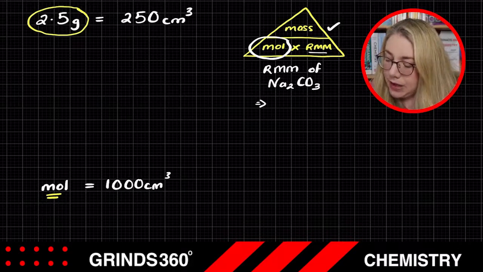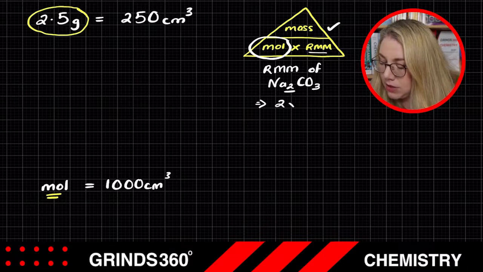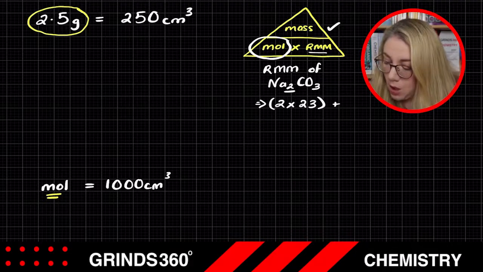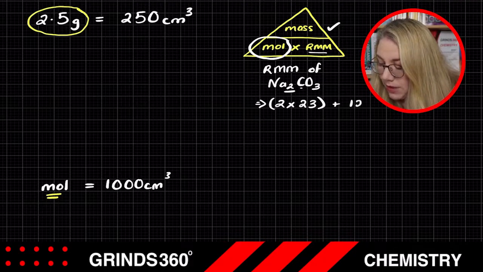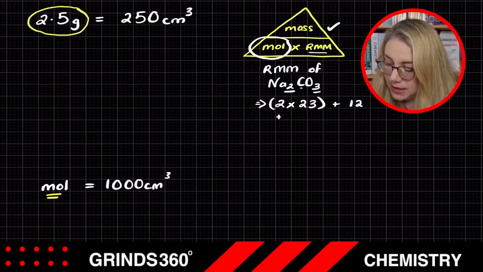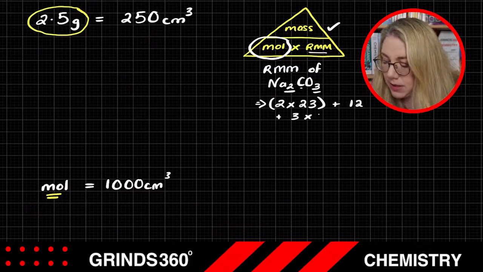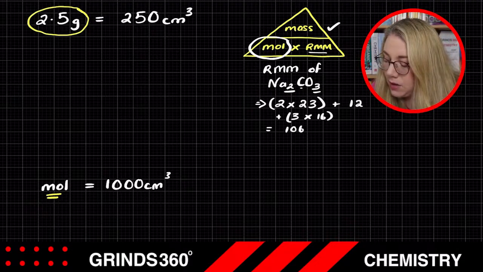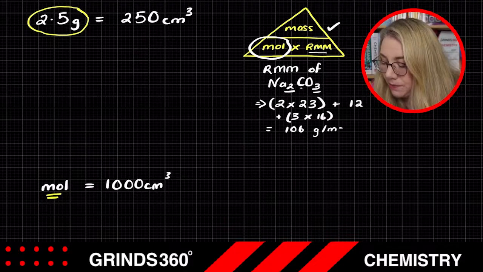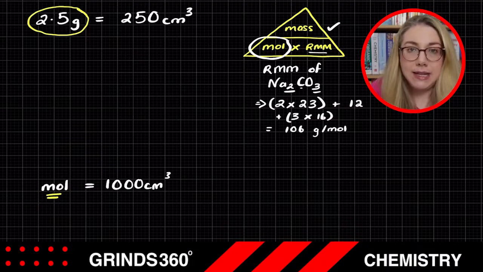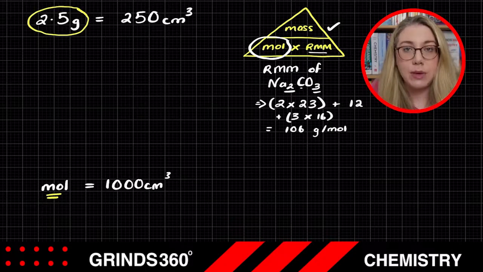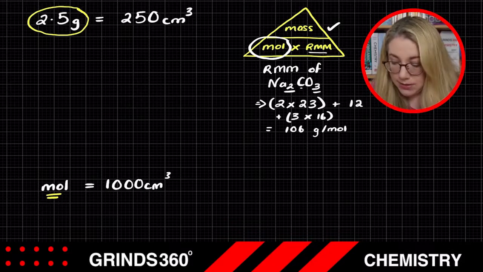Now for this, you have 2 sodiums, so it will be 2 multiplied by 23, plus 1 carbon, so it's 1 times 12, which is 12, plus 3 oxygens, 3 multiplied by 16. On your calculator, when you add those numbers together, you're going to get a value of 106 grams per mole. Now, that is the relative molecular mass of sodium carbonate. So that's the number that we're going to use when we convert grams into moles.